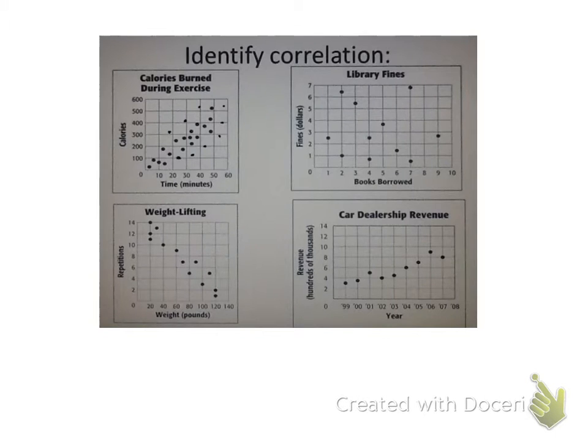The first thing we're going to talk about today is being able to identify correlation. And if you recall from last year, there's two different types of correlation. We have positive correlation and we have negative correlation. A positive correlation is a lot like positive slope. It's increasing.